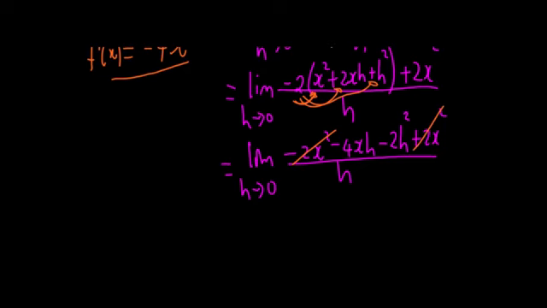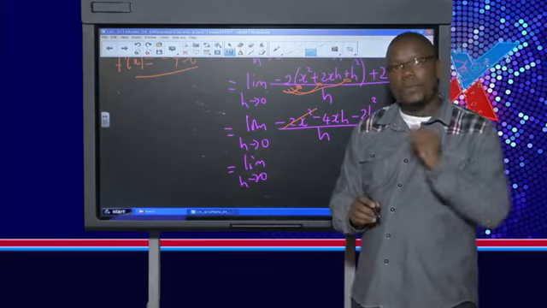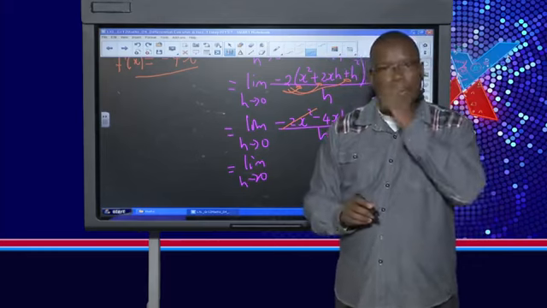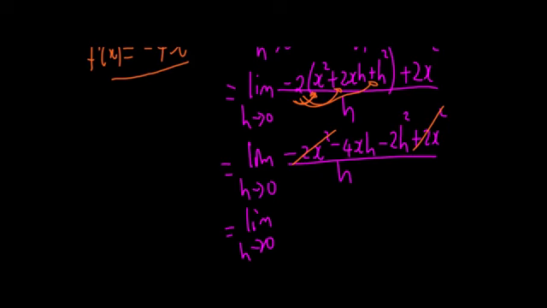And then our next step, you'll have the limit as h tends to 0. Now, guys, when you get to the next step, you must always take out your common factor, h, so that h will divide that h, which is our denominator. So I'm going to have h bracket. If I take out h, minus 4xh divided by h, I get minus 4x, minus 2h, all divided by h. Now, guys, watch what happens.